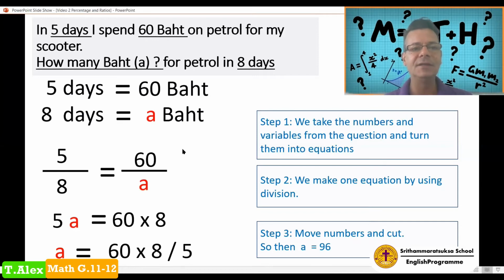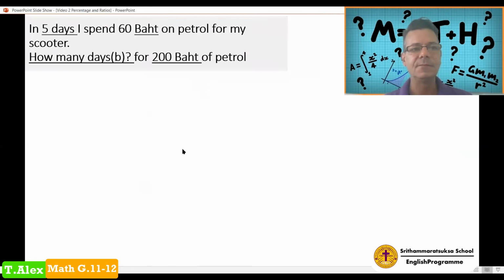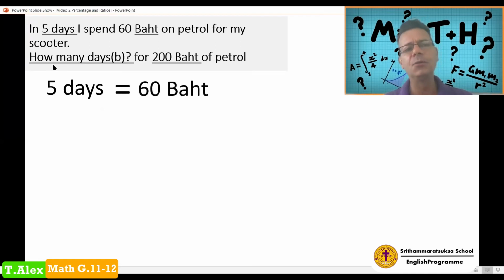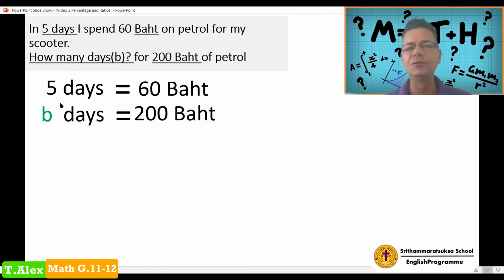Now let's look at another similar question. Still 5 days and 60 baht. But now I want to work out how many days for 200 baht. Now the unknown is on the left side. We know baht, but we do not know days.